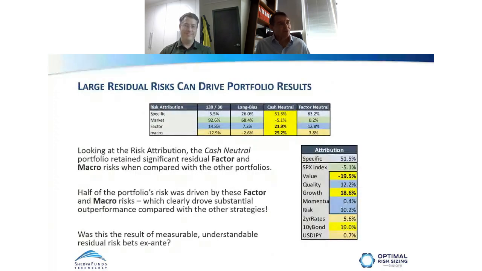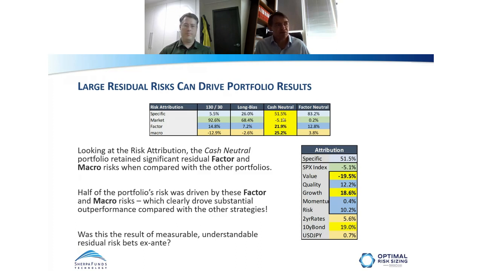But what's going on? Well, if I look at the attribution in a little bit more detail for the cash neutral portfolio, we can see the net factor attribution. So we've got 50% specific, no market to speak of, but we're 20% and 25%.